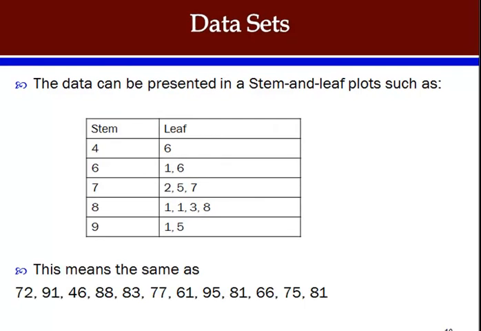And while it might be difficult to see at first, this means the same as 72, 91, 46, 88, 83, 77, 61, 95, 81, 66, 75, and 81. And we'll talk about why in just a minute.